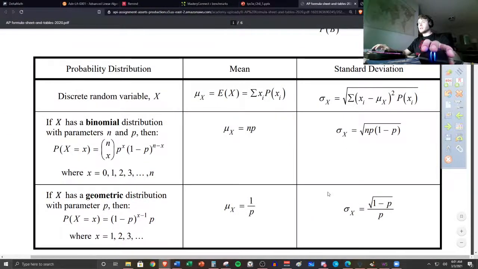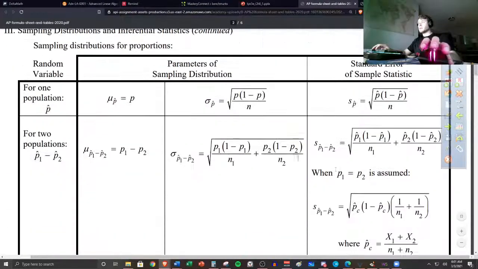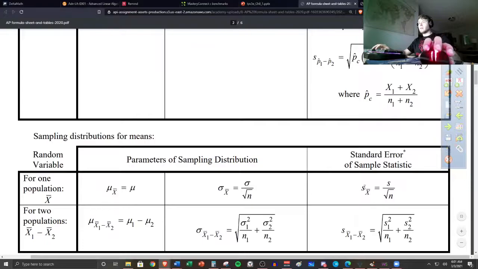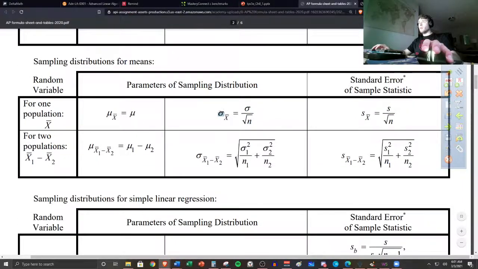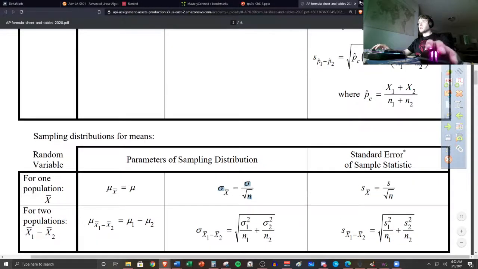Where do you have this? Means. That's random variables. It's right here. This is your parameters for one population. You have this formula. This is our standard error of a sample statistic. This is standard error for a population distribution.